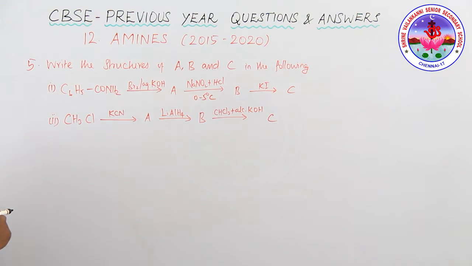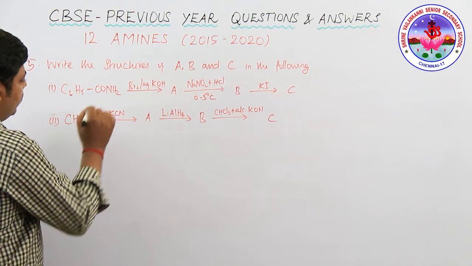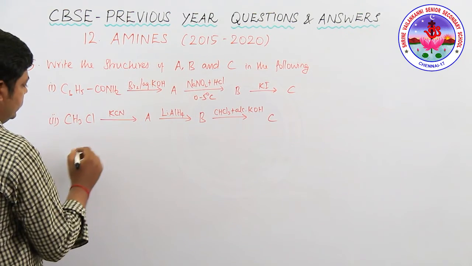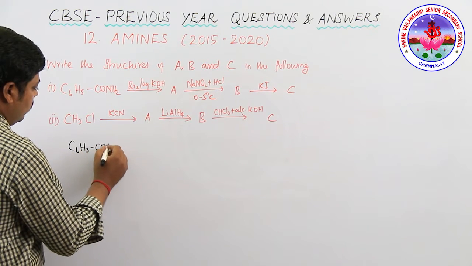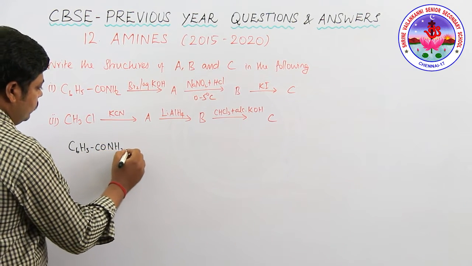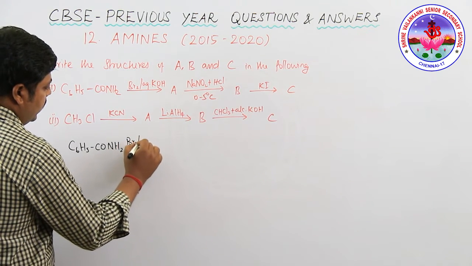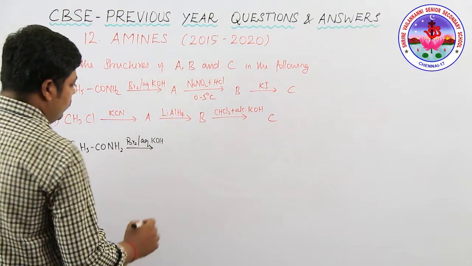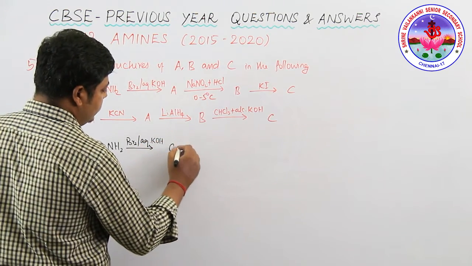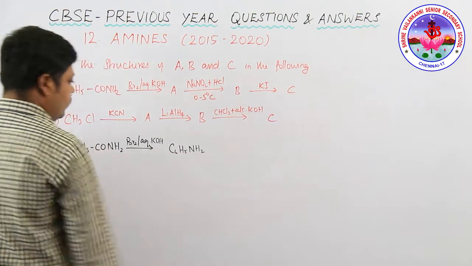Now the first reaction: benzamide, C6H5CONH2, reacts with bromine water and aqueous potassium hydroxide to give aniline, C6H5NH2.